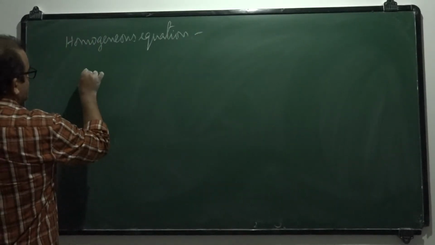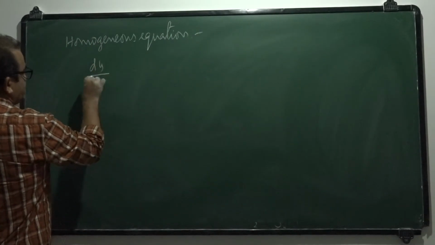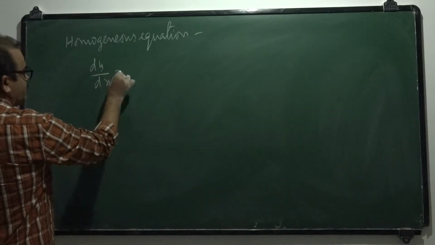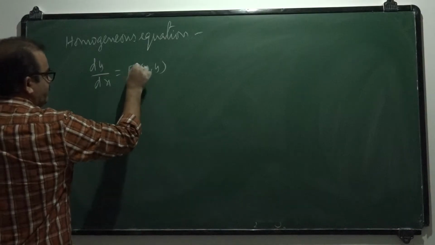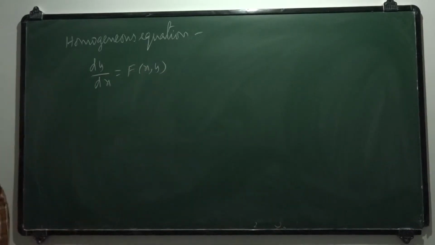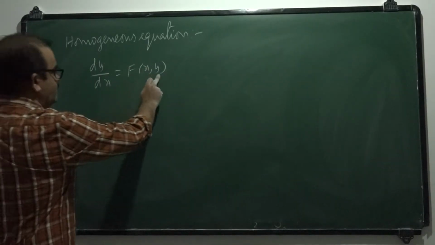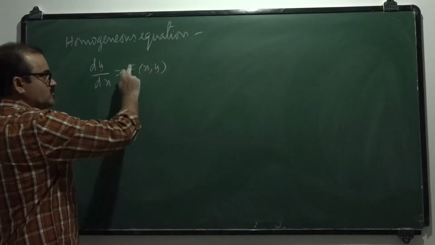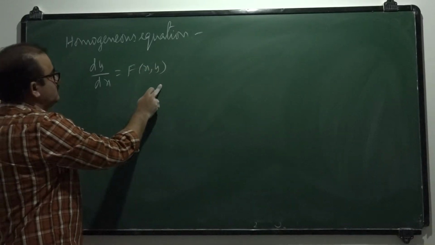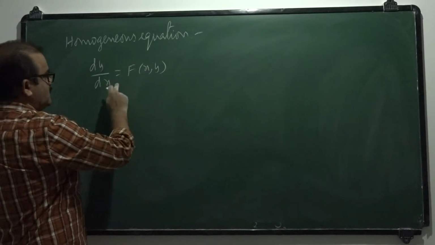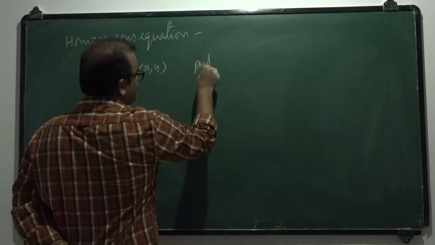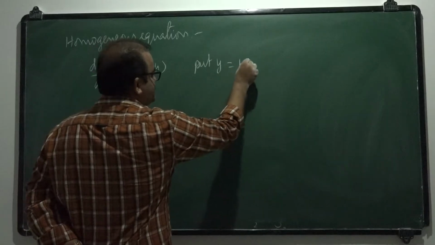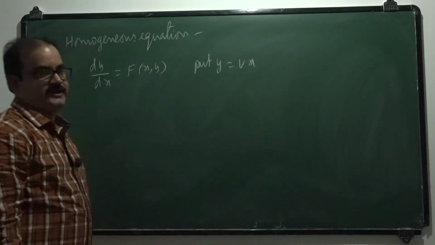If the given differential equation is in the form of dy by dx is equal to a function in terms of x and y, where f is a homogeneous function of degree 0, then we solve this equation by using the substitution y is equal to v into x.